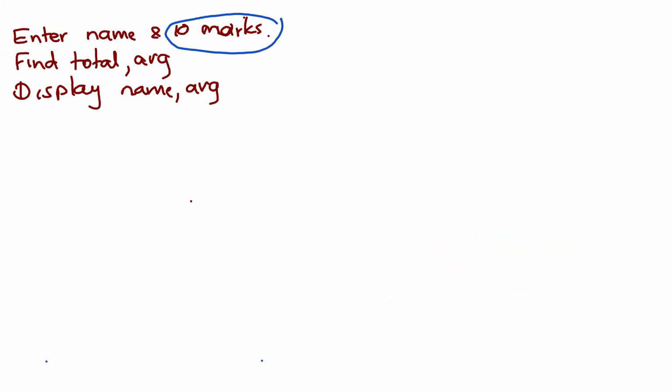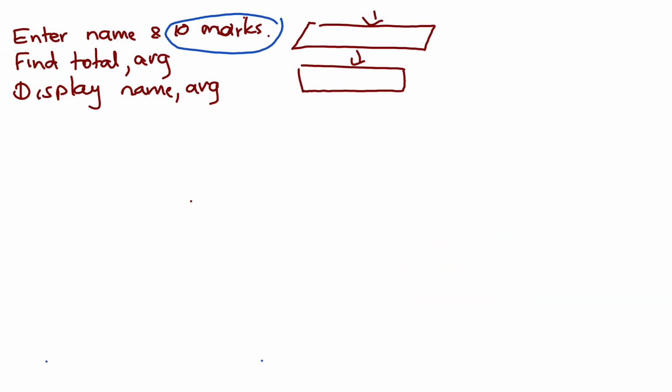My question, right? Enter name and 10 marks. And we need to get the total. So we have to initialize x equals 0, total equals 0.